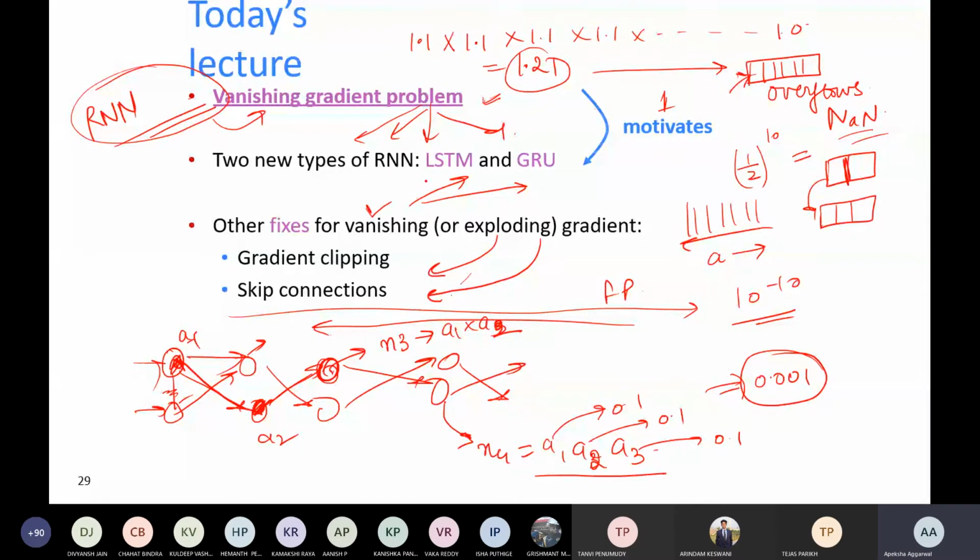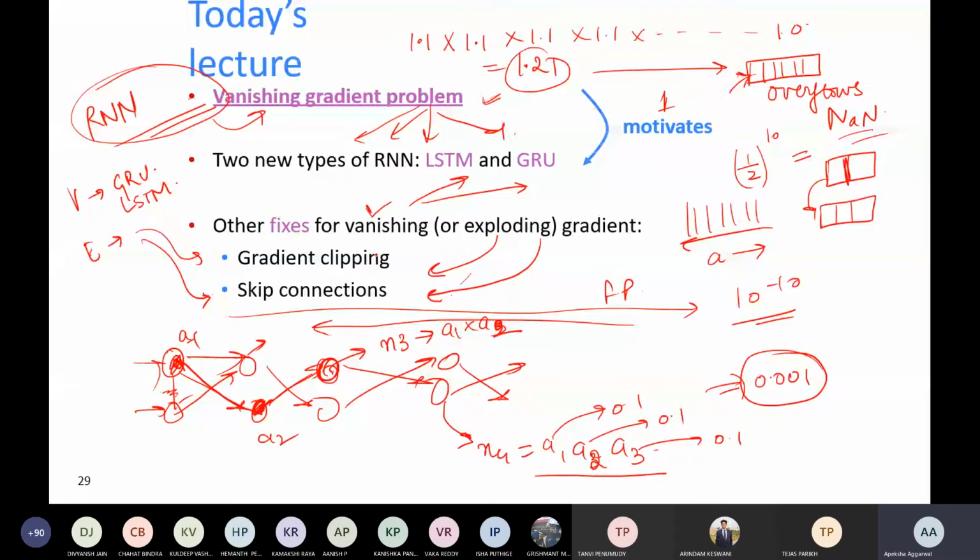And exploding gradient is when this value is slightly larger, and you are multiplying it so many times that it overflows, and it is not able to train your network. So in case of vanishing gradient, we apply gates, that is GRUs and LSTMs, and in case of the exploding gradient problem, we do skip connections and gradient clipping.